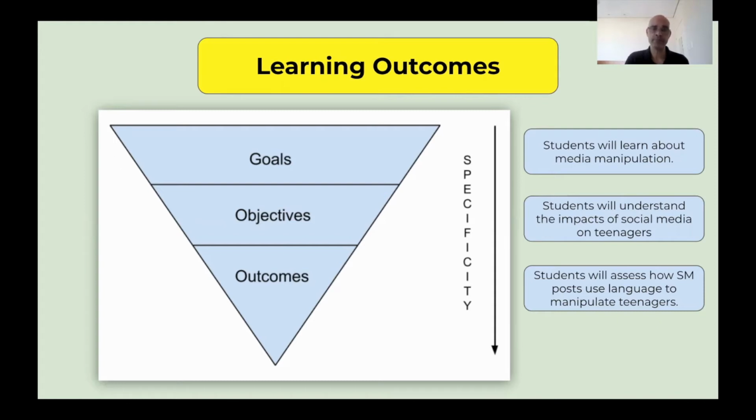Goals are broader, objectives are more specific than goals but less specific than outcomes, and outcomes are more specific than both objectives and goals. So as we go down the triangle, the level of specificity gets higher, right? That's the idea. So let's see some examples here.